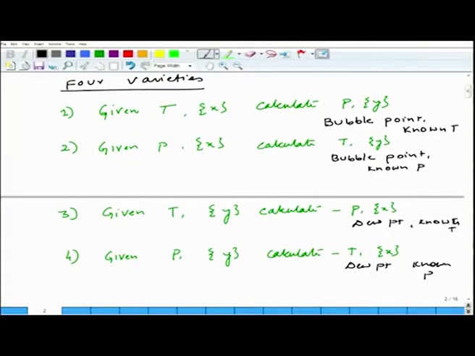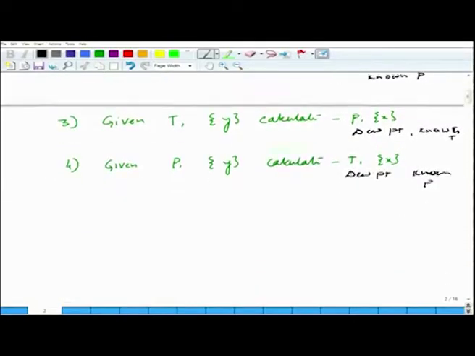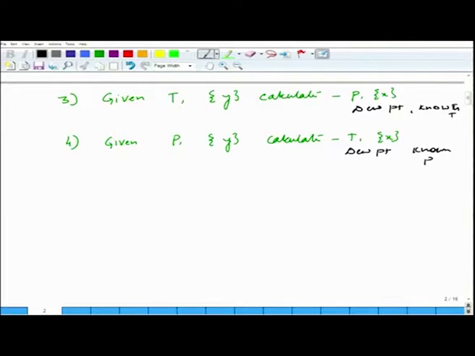Now, the question is, how do you calculate when you have any one of these situations? You know the number of variables, you know the constraints. So, let us now write down and see how we can approach or develop a methodology to solve such a problem.